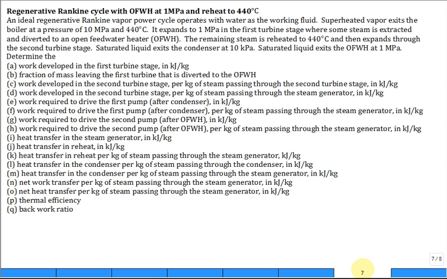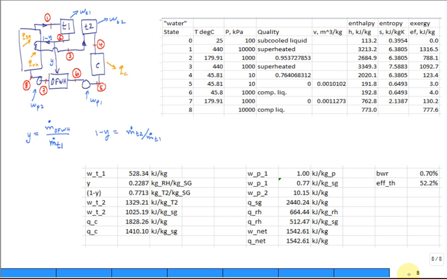And then, okay, which two states help me fix the rest of the properties? What you can do is you get a table of properties like this one. Here I've resketched it. So I have state 1, 2, 3, 4, 5, 6, 7, 8. Do we have the same 8 states that we had before? We have the 2 turbine stages, the 2 pumps.